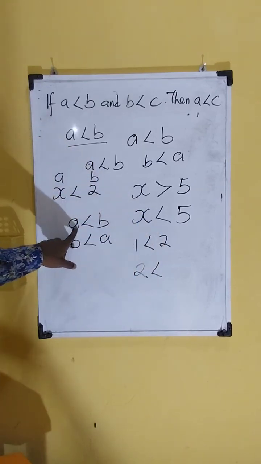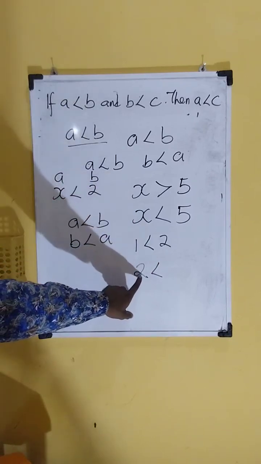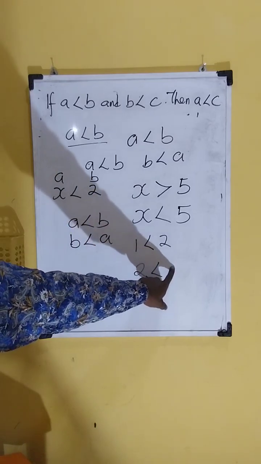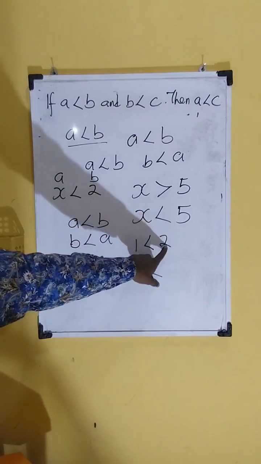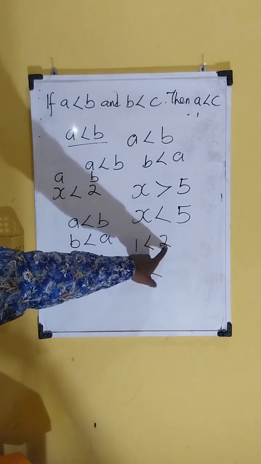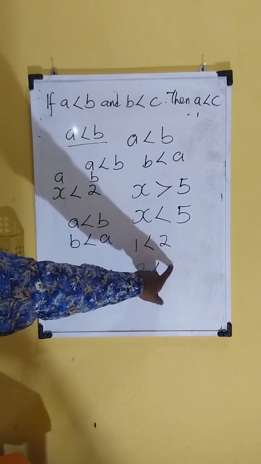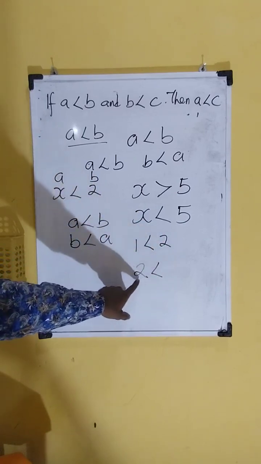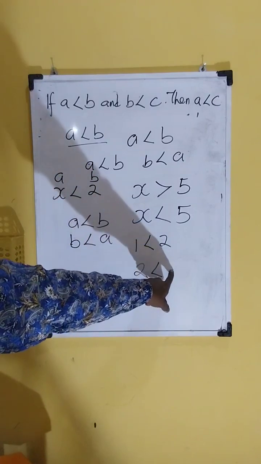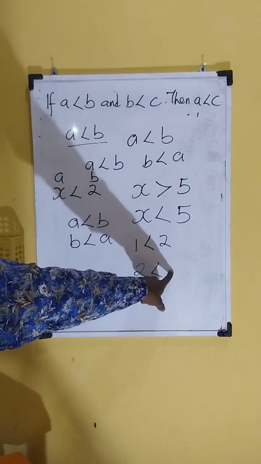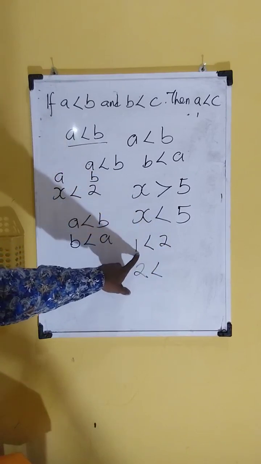Just like we have here, A is lesser than B. So what number would be here, if this one is saying that 1 is less than 2? The number here will be a bigger number, because that expresses that this number is less than this number. Are you getting it now? Just like the number that is here is bigger than the number that is here.